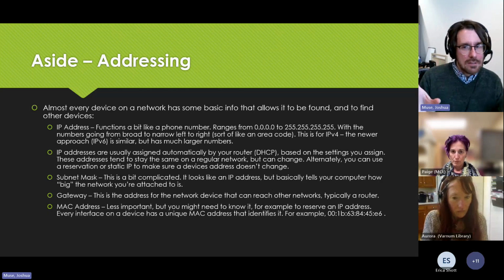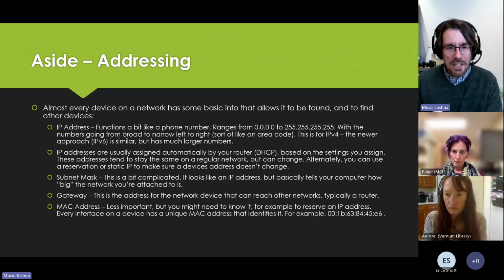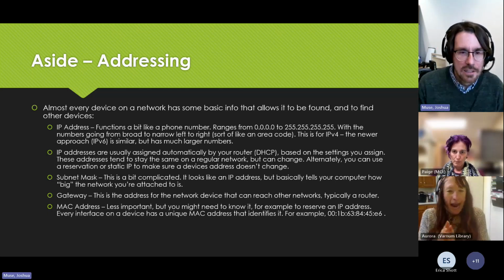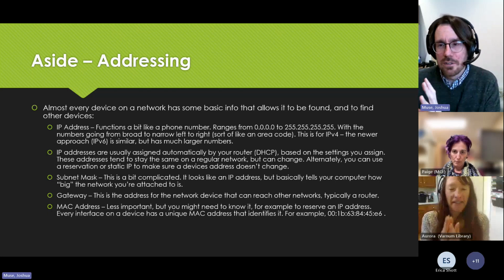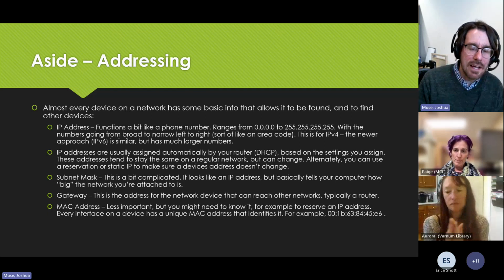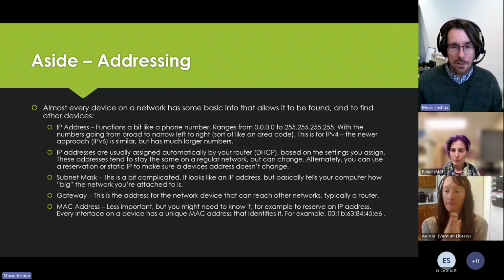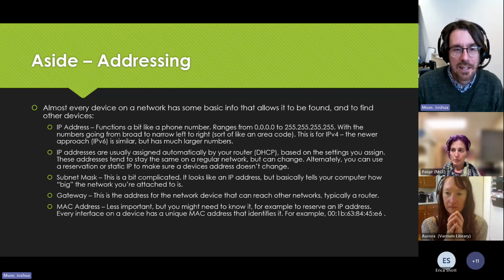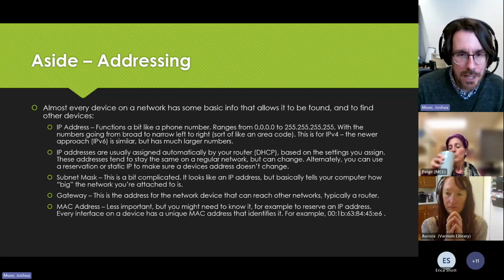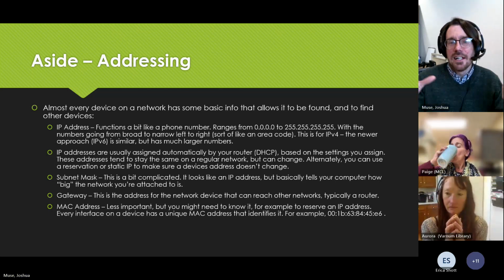Okay, so again, this is a little more in the weeds, but the numbers from left to right go from broad to more narrow. So basically, the leftmost number is a huge thing. It's sort of like an area code on phones. If the first number might be a country, I'm kind of playing fast and loose with that, but you can think of it. The next one might be a state.